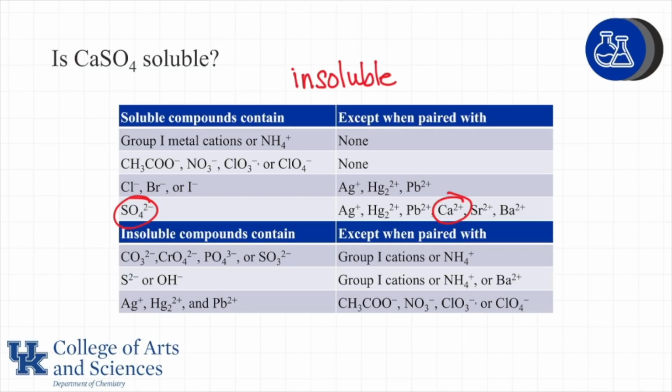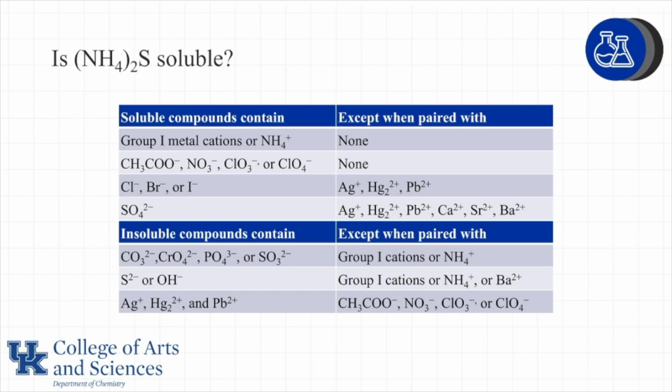Therefore, this is an insoluble compound in water. Is ammonium sulfide soluble? We see that we have ammonium ions, which make this a soluble compound, and there are no exceptions to that. Although sulfides are generally insoluble, ammonium is an exception, so this compound is soluble in water.